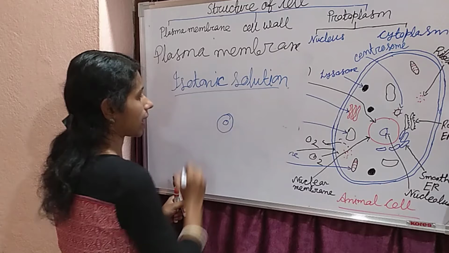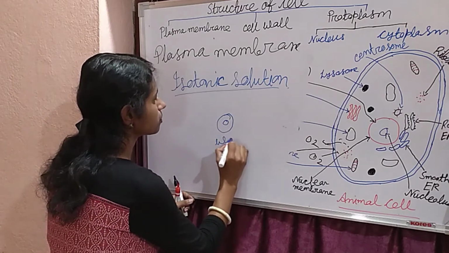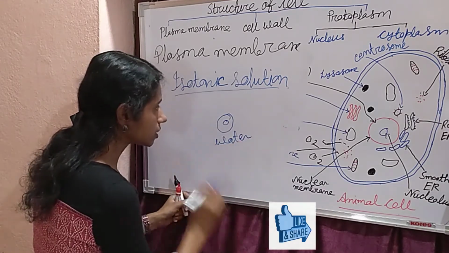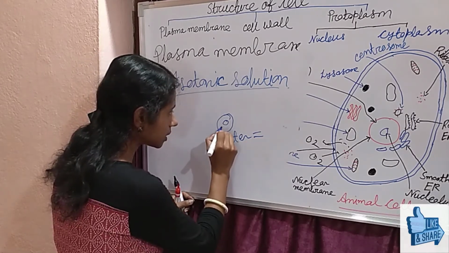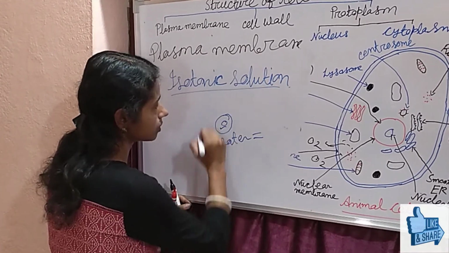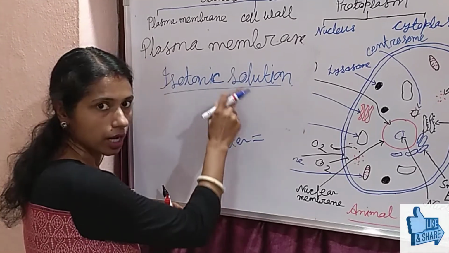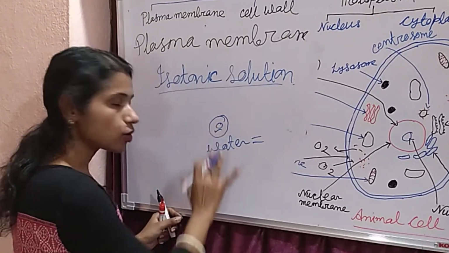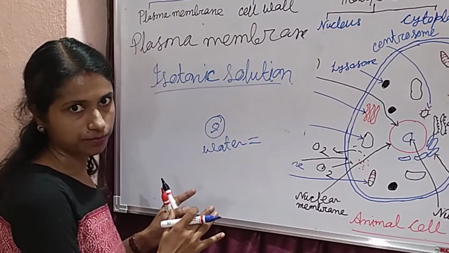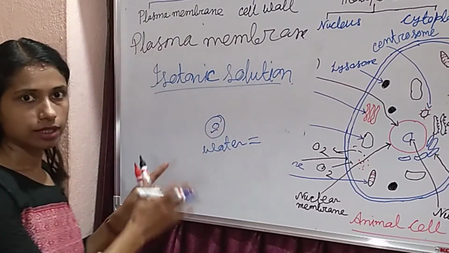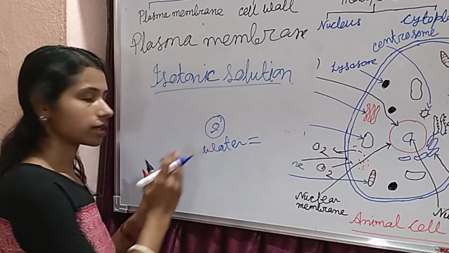In case of a cell, if the water concentration is equal inside the cell and also outside the cell, in the outside medium, and if it is equal, then there is no net exchange of water. So it will be the same inside the cell and outside the cell.